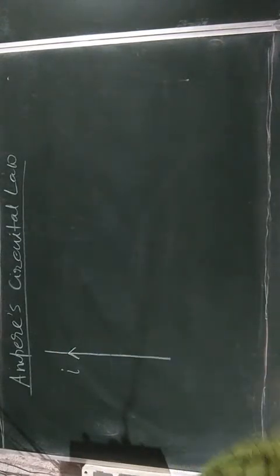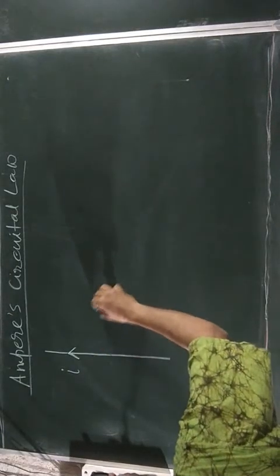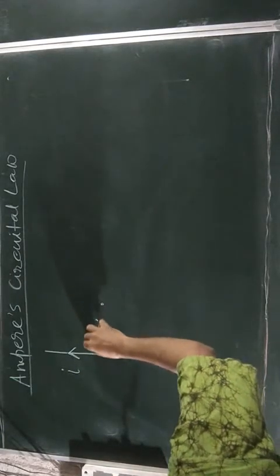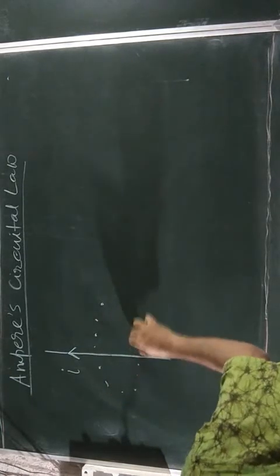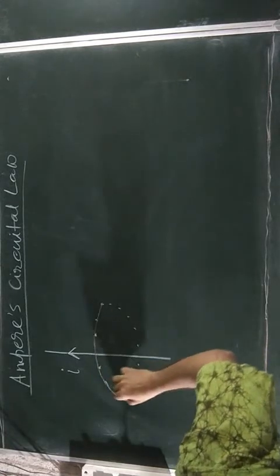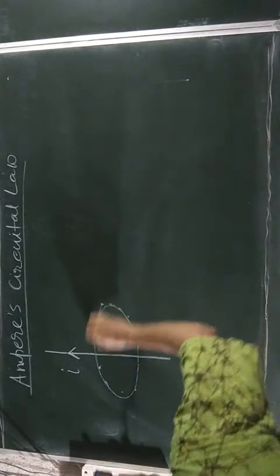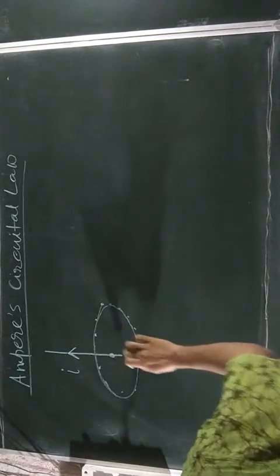Immediately it produces a magnetic field everywhere at every point around it, and all those points lie in a plane which is perpendicular to that current carrying conductor.